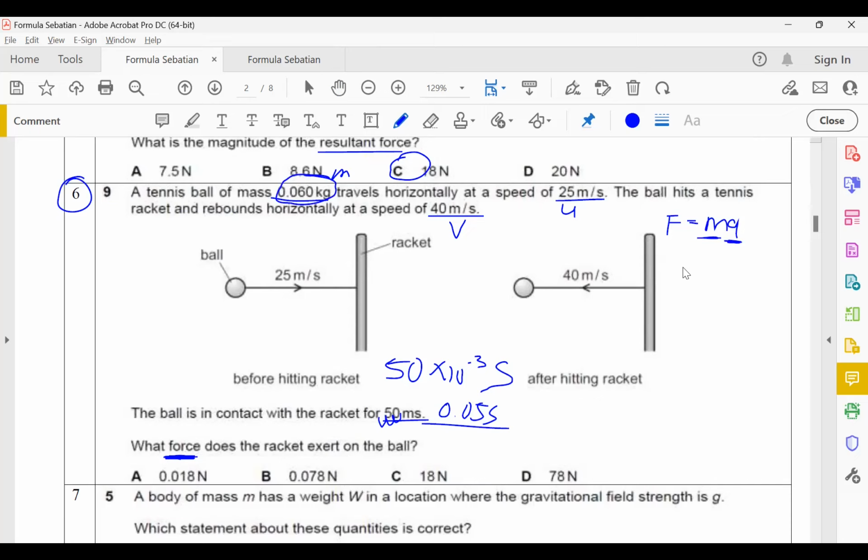What's the formula for acceleration? Yeah. So you find the acceleration with this formula first, substitute it in, multiply the mass, and you'll be able to find the force. Try to do this first, everyone. Do this right now. Most likely you'll do it wrong if you do it the normal way, but I'll show you why.